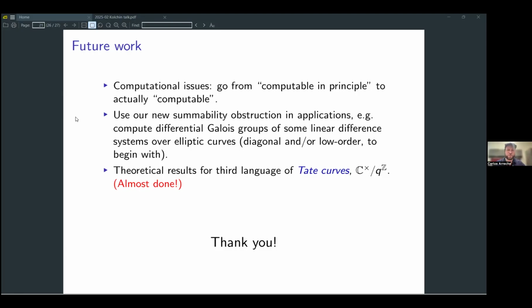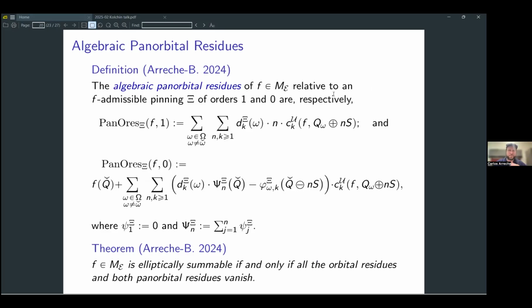I have to run really soon, but I would love to make one quick comment if Matthew could go back to the previous slide. In the first paranormal residue on top, there is this d sub k xi that shows up. When we finish the Tate curve version of these things, the Stirling numbers of, I forget, either the first or second kind, show up in place of these d coefficients.